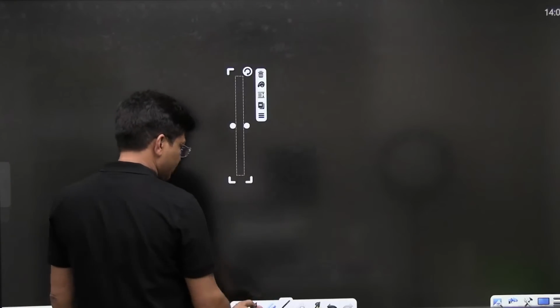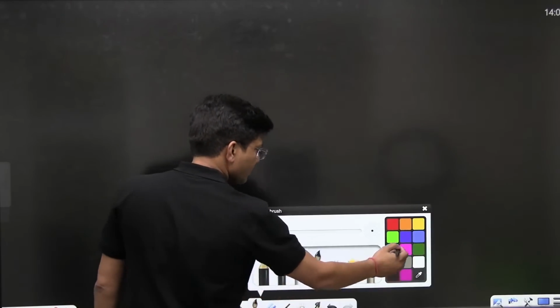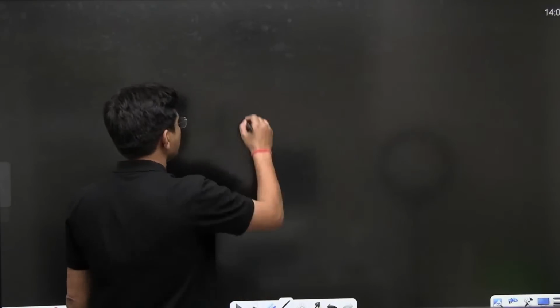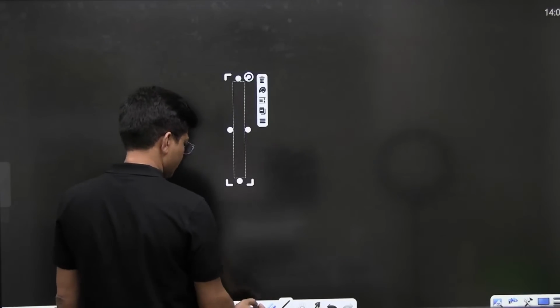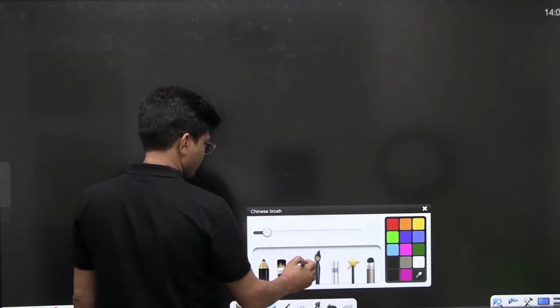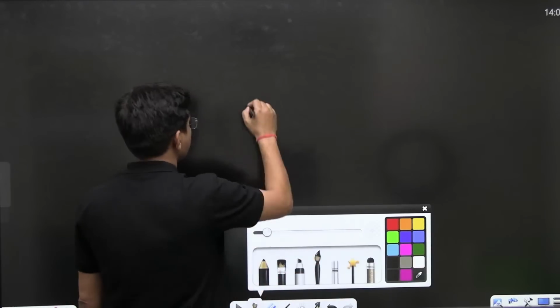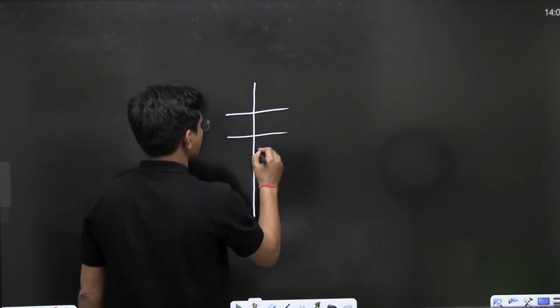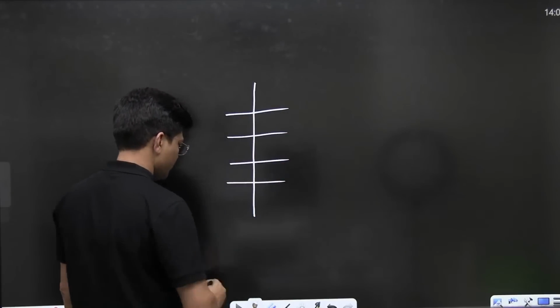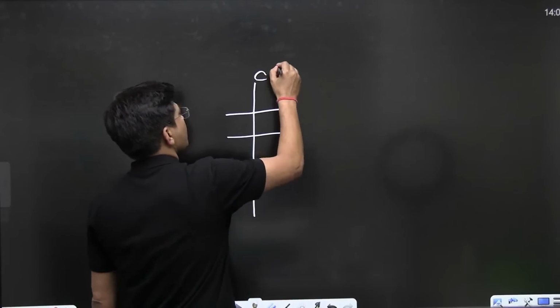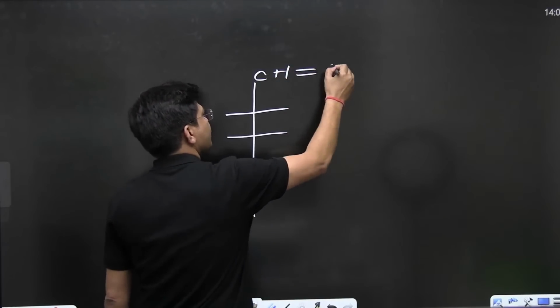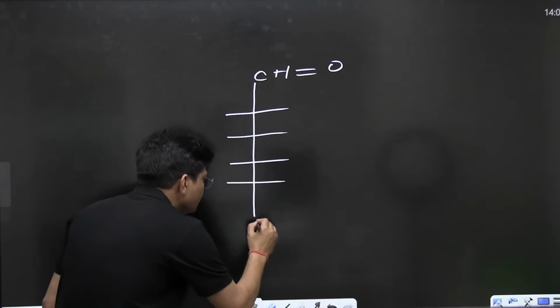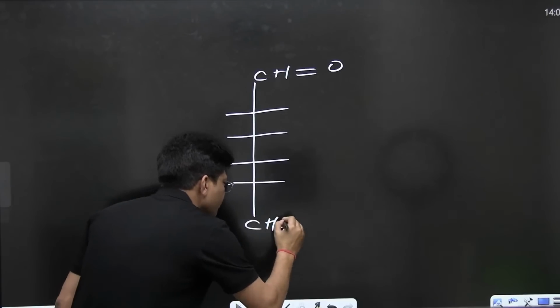See, my dear students, CH double bond O, CH2OH.